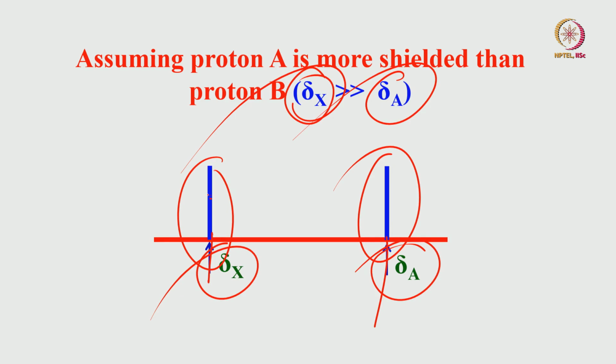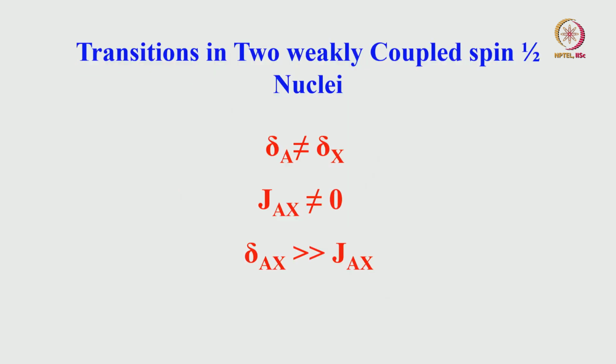There are 2 transitions for A, 2 transitions for X. They are overlapped, giving a single peak. This is the spectrum of 2 protons or 2 spins which are not coupled, or in other words JAX is 0, 2 uncoupled spins.